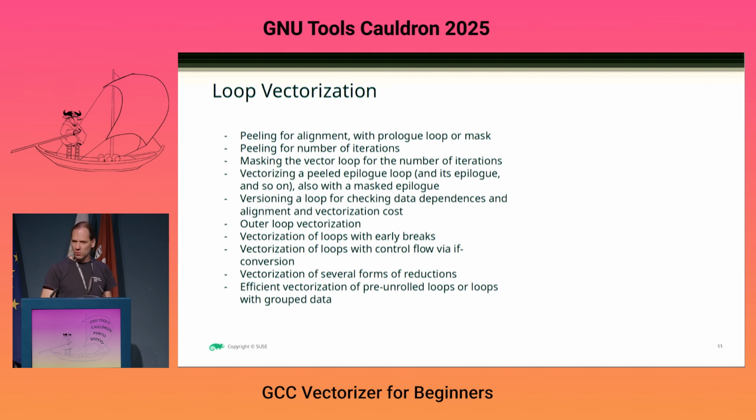We can do outer loop vectorization, which means we have a loop nest of depth 2, an outer loop and an inner loop. The outer loop is the loop that is vectorized, which means the inner loop has the unroll factor of the outer loop number of copies and is virtually fused and interleaved.